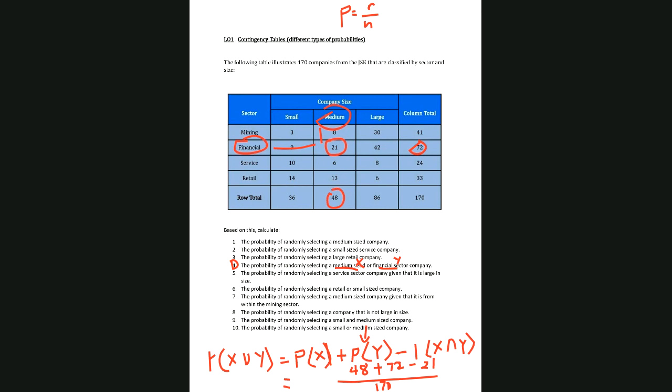You can write it as this, or alternatively, if you prefer, you can have 48 over 170 as its own fraction, plus 72 over 170 as its own fraction, minus 21 over 170 as its own fraction. Whichever you prefer, they will both give you the same answer, which in this case is 0.58.